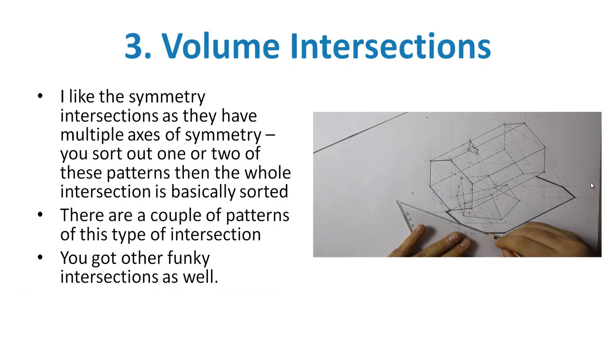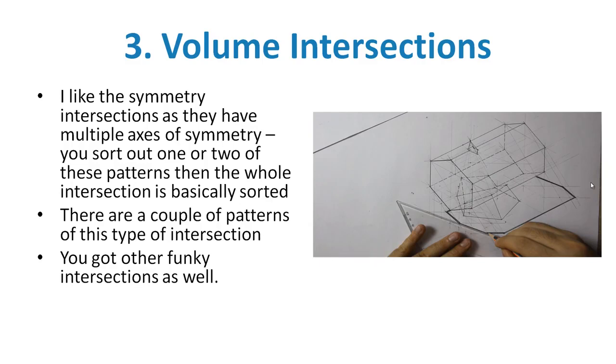Number 3, volume intersections. These intersections are like simple volumes that intersect, and you need to see how they cut and form that intersection, which is again very interesting. Obviously you don't take these types of drawings at face value. You see that they have principles behind them, like multiple axes of symmetry.